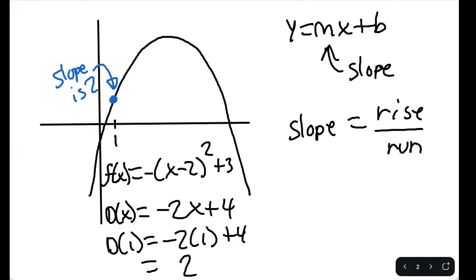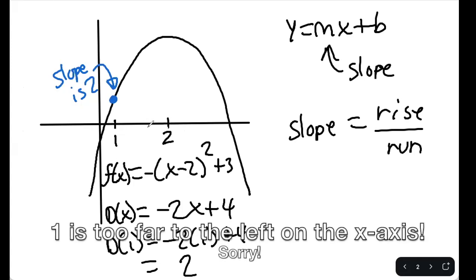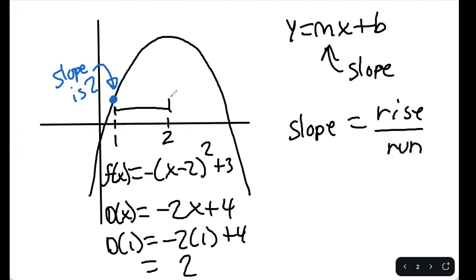I could also plug in 2, and x equals 2 is more like over here. My drawing is so crude that everything looks weird. Obviously, the gap between 1 and 2 is way larger than the gap between 0 and 1. Pretend it's perfect. 2 is going to be up here, all right? And I could plug 2 into the derivative formula.